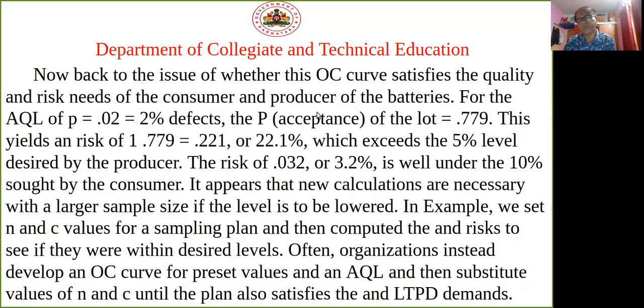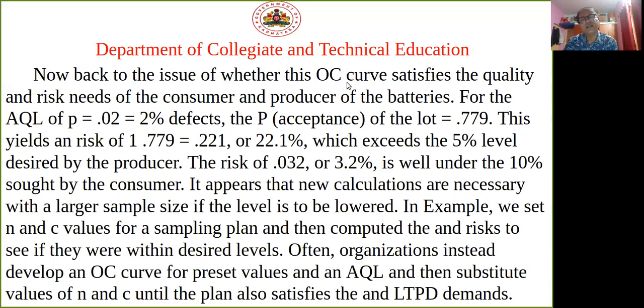In this example, we set the values of N and C for the sampling plan and then compute the risks to see whether they are within the level or not. Often organizations instead develop an OC curve for preset values of AQL and LTPD, and then vary the values of N and C until the plan satisfies the LTPD demands.